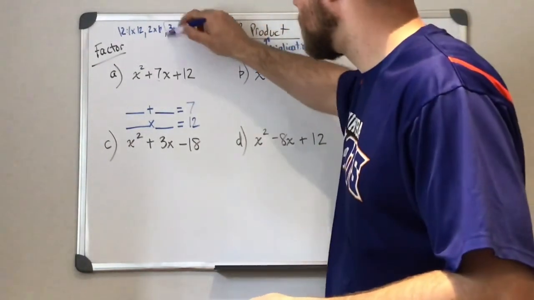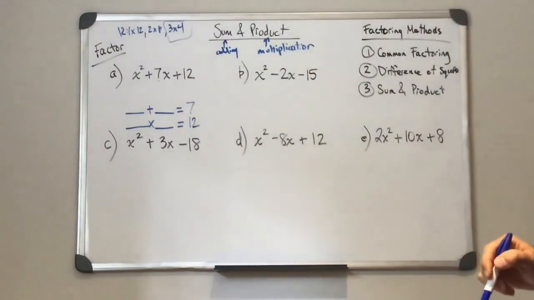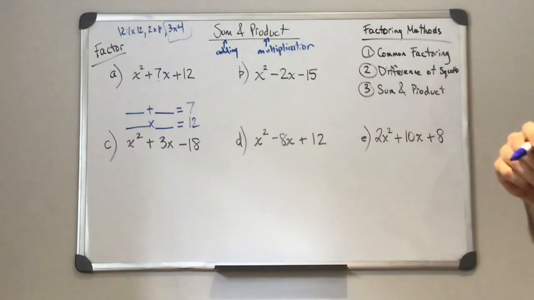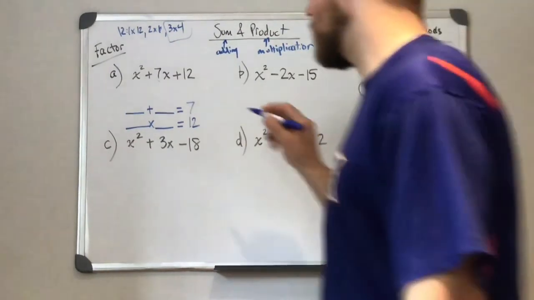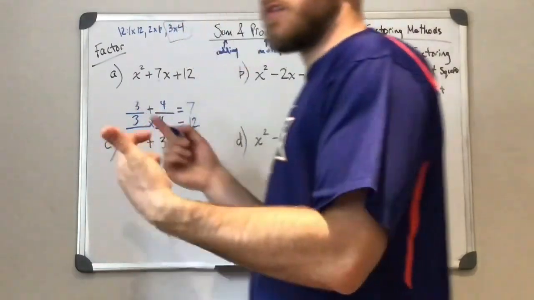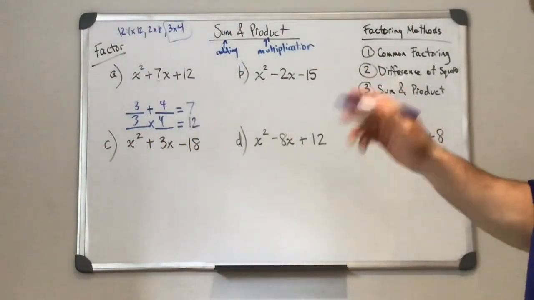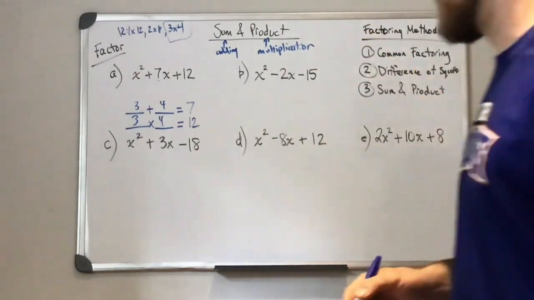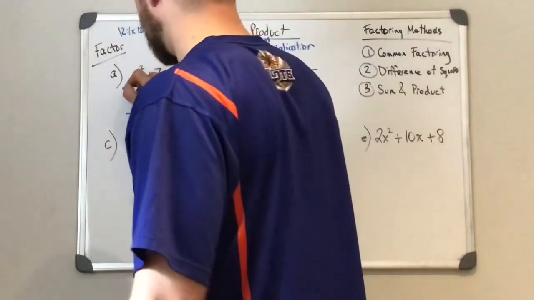That's where we see 3 plus 4 is 7, and 3 times 4 is 12. These are the two numbers we need, and the order doesn't matter. You can do 4 plus 3, 4 times 3. We're going to use those to factor our trinomial, which has 3 terms.